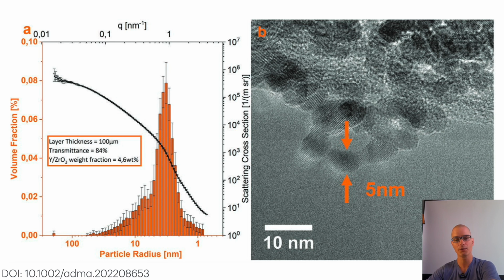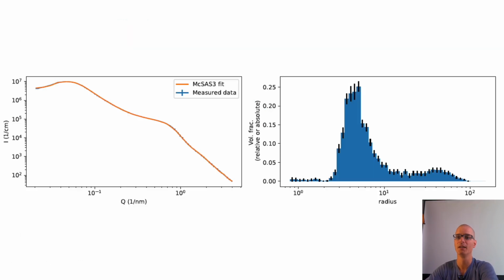Well, you can now also introduce a structure factor in your model, so that you can analyze dense samples. And this can be very helpful, for example, here in the case of the composite with a high volume fraction of filler, where you see this clear structure factor peak. You can still get size information out.